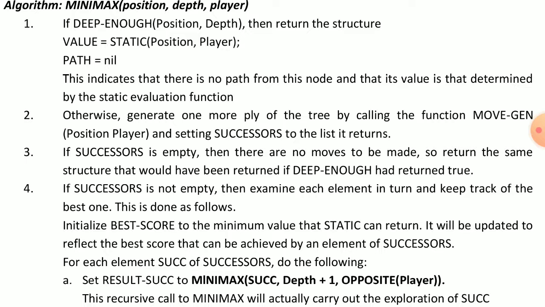Now here we can initialize best score, and we start with the minimum value, and then we return the value, and our value is static. Okay, so here we can update the score and we can use the element successor. So this is our fourth step, and we can use this step when our successor is not empty.